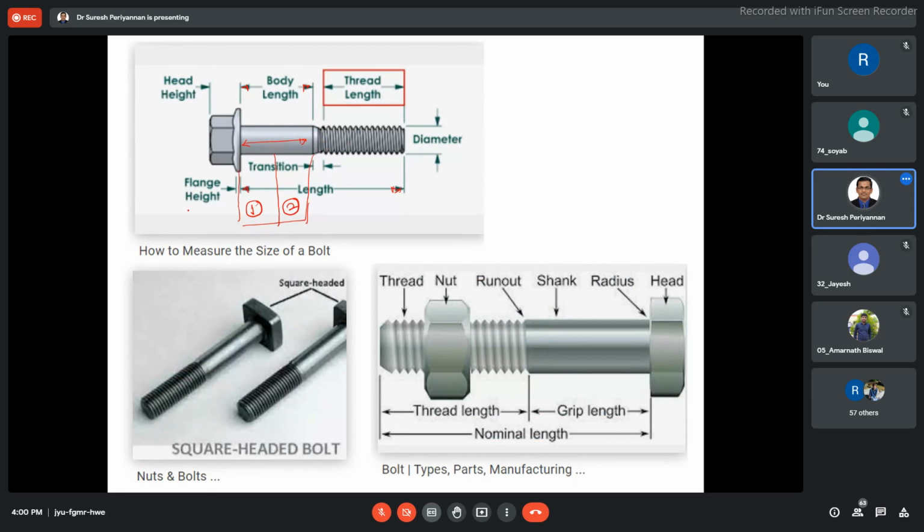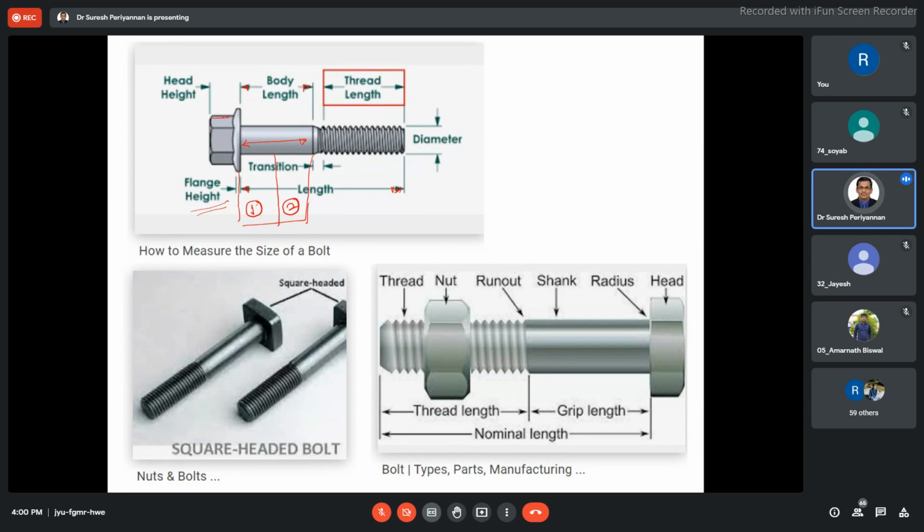This is the flange height. You might have seen nowadays that the nut has a flange, so you may avoid using an external washer. If the flange is not there, then we have to use thin washers. This is the head height, where we access the bolt using a spanner.